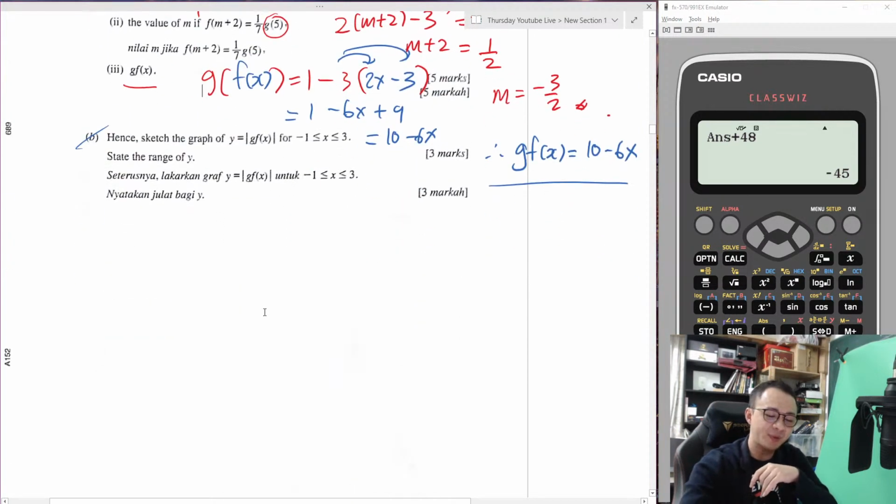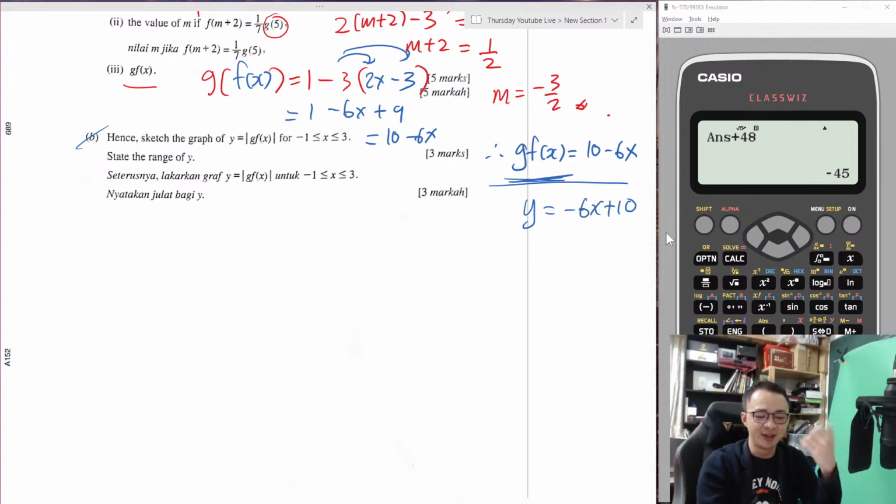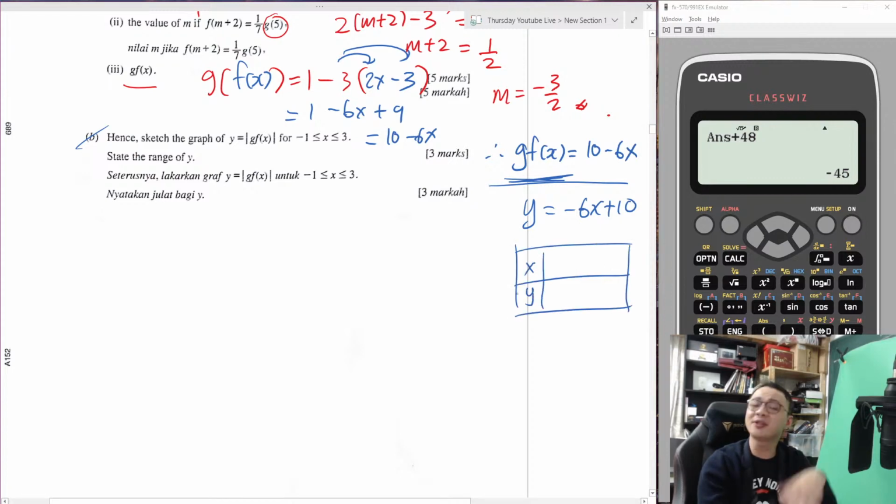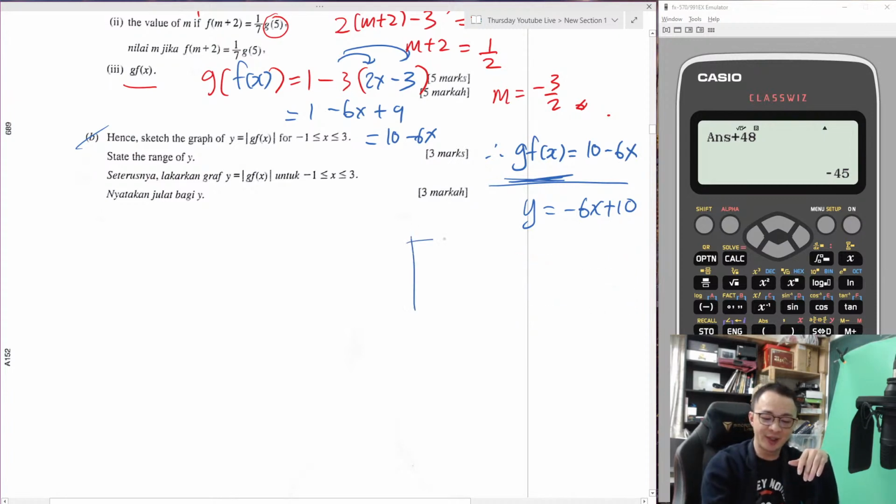Okay, so we have the gf(x) equation, which is a linear equation. If I change my gf(x) into y, you should be able to see this equation, right? Negative 6x plus 10 is y equals mx plus c. So in order to sketch the straight line, normally I prefer to find my x-intercept and y-intercept first. Never mind, I draw my table a little bit bigger.